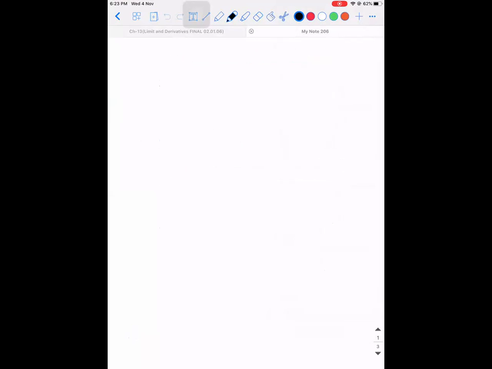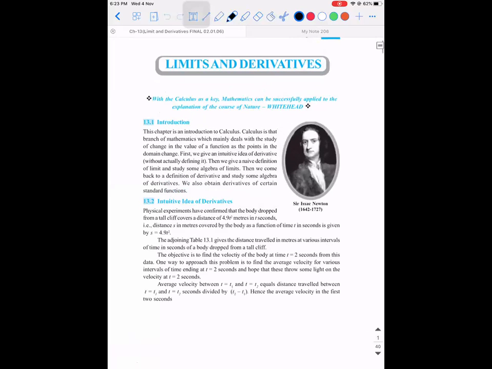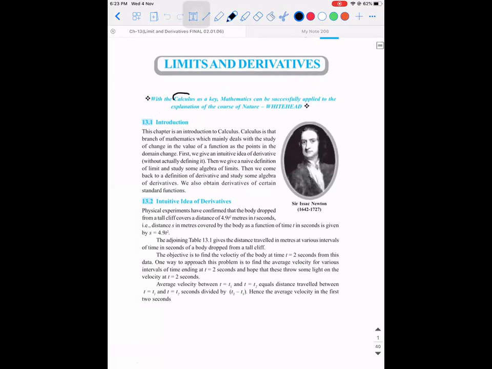So we are going to see a new branch of mathematics, which is called calculus.